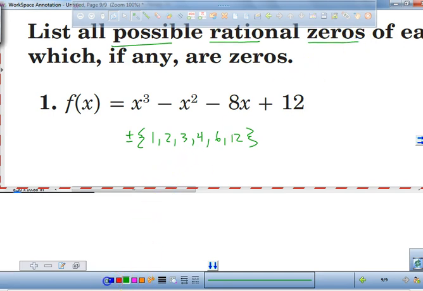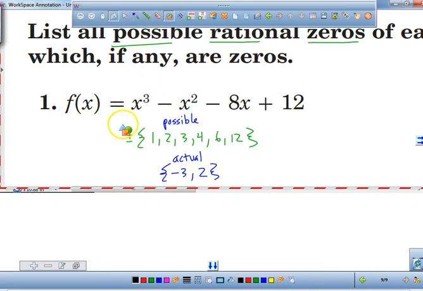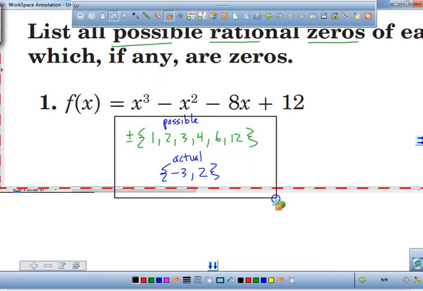What are our actual zeros? We only had 2 actual zeros. One was at negative 3, the other one was at positive 2. I need you to understand the difference between possible solutions and the actual zeros. So this is your final answer for problem number 1.